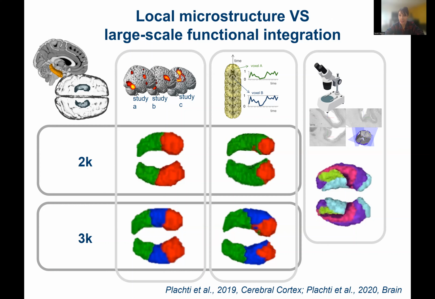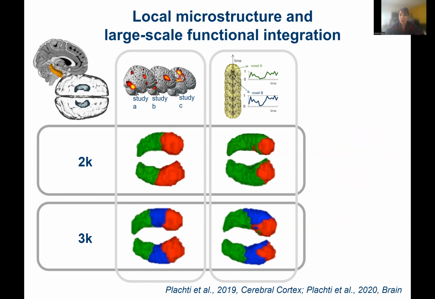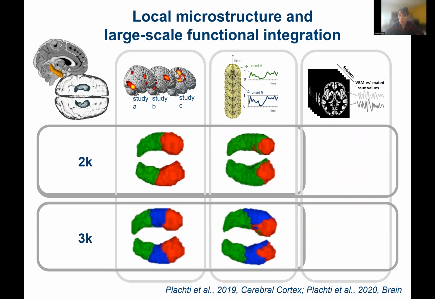And now if we take another approach, such as structural covariance, which I said before, on the one hand, probes functional integration, but is also assumed to be influenced by similarity in the local microstructure profile of the regions, what we see is first a differentiation along the anterior-posterior axis.